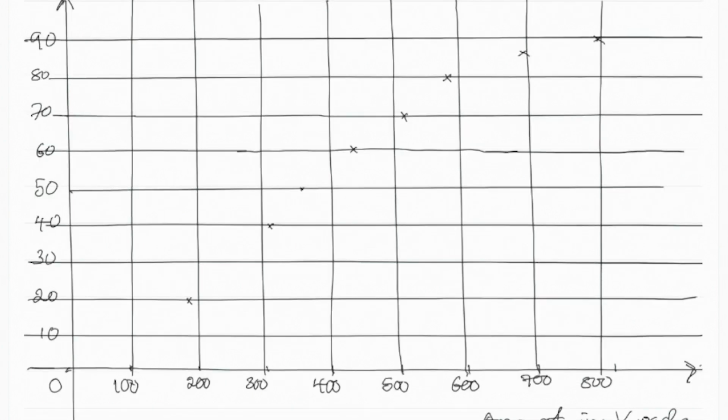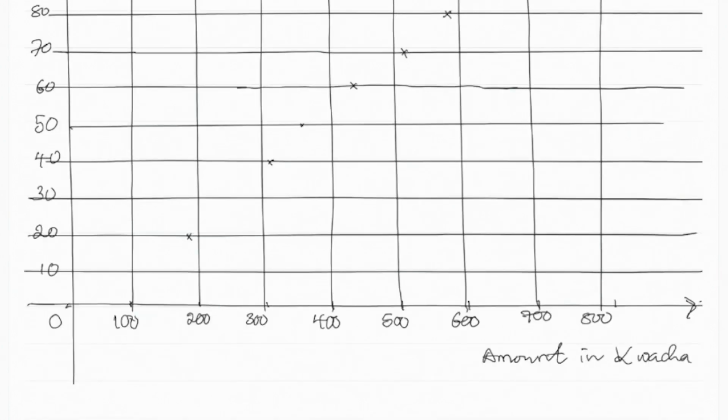So what is the first coordinate that we are going to plot here? It's the amount versus the number of farmers that we've been given. Don't confuse yourself there. So we have 0 and 0 on that cumulative frequency table. 0 and 0 is this point.